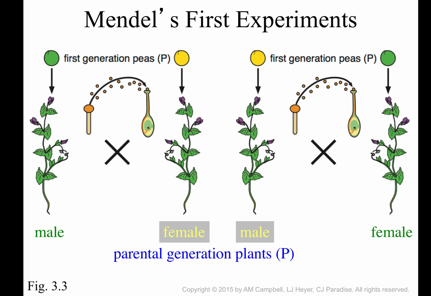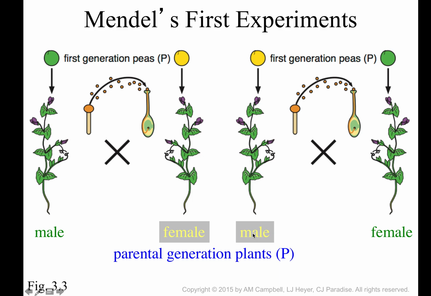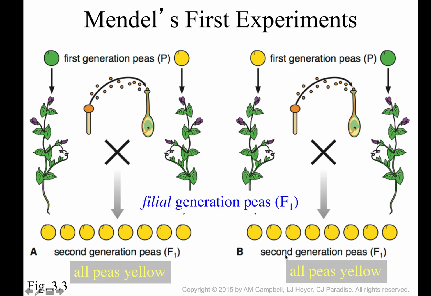And then he saw what happened. And he called these plants the parental generation, or the P generation. No, not PEA, or the letter P.